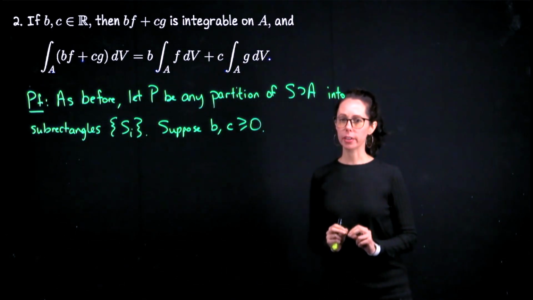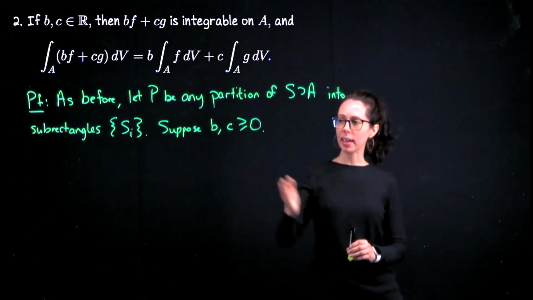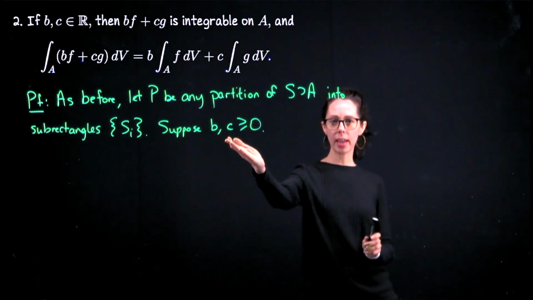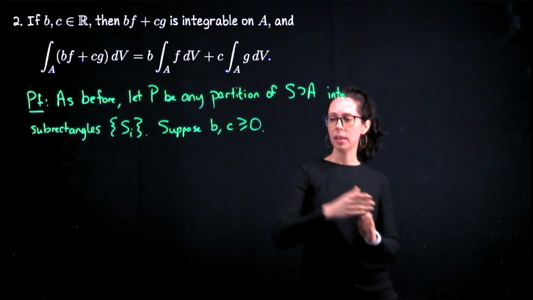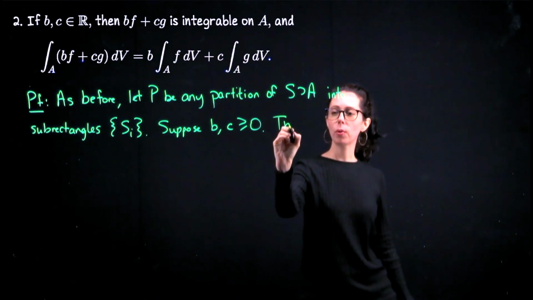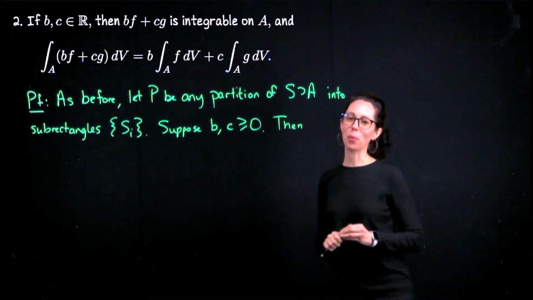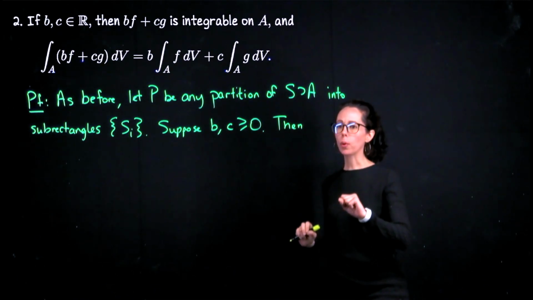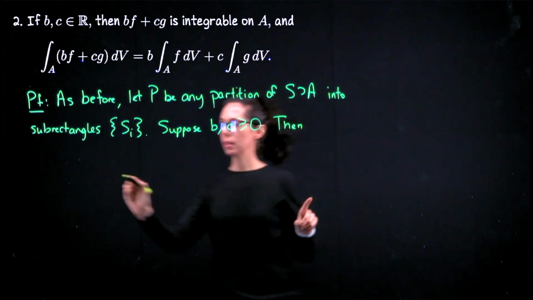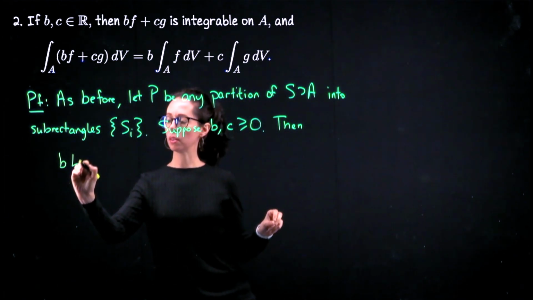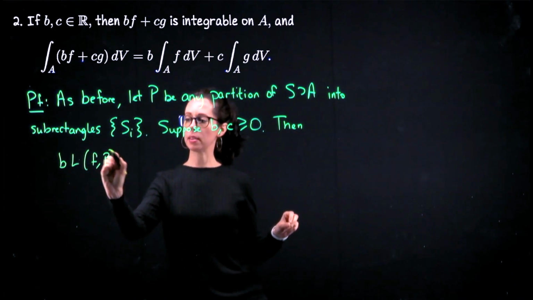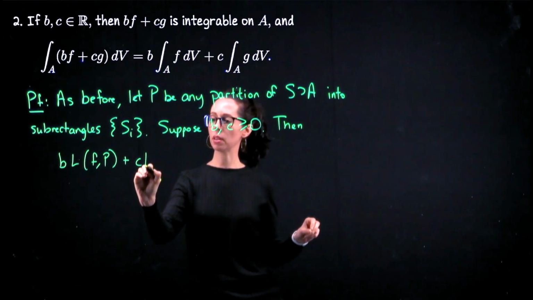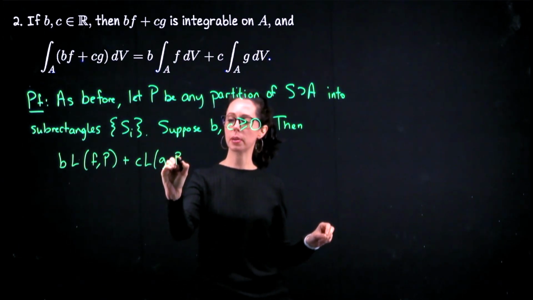For this particular case, suppose that the scalars B and C are greater than or equal to 0. Then, going to see how much we can fit on this board, it's just going to be a long computation with some inequalities. I'm going to start with B times the lower sum of F with respect to this partition plus C times the lower sum of G with respect to this partition.